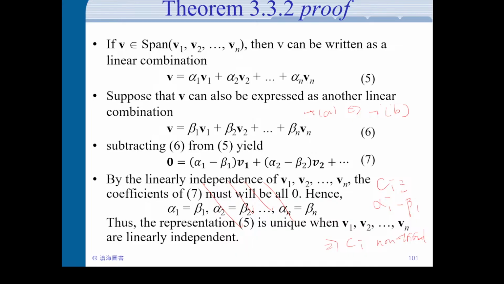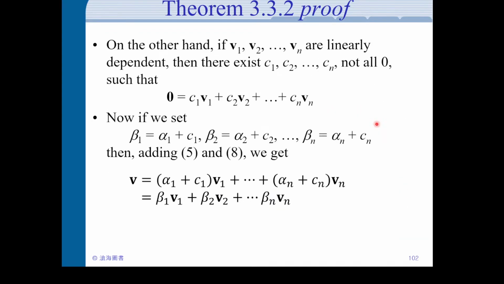So we have not A to not B, and then we go from not B to not A. If our vectors are linearly dependent, we have our favorite linear combination equation: 0 equals a linear combination with non-trivial c. Then we have one expression for some v.